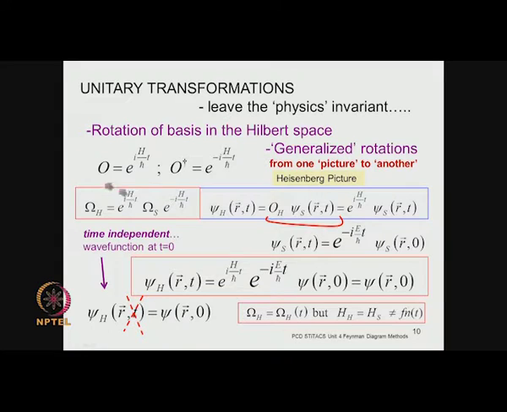And you can then swap the positions of this operator H with this, and then essentially you find that if the operator which is being transformed happens to be the Hamiltonian itself, then it remains the same. So, the Hamiltonian in the Heisenberg picture is the same as the Hamiltonian in the Schrodinger picture, and this is not a function of time. Okay. Otherwise, there is a time dependence for all of the other operators.